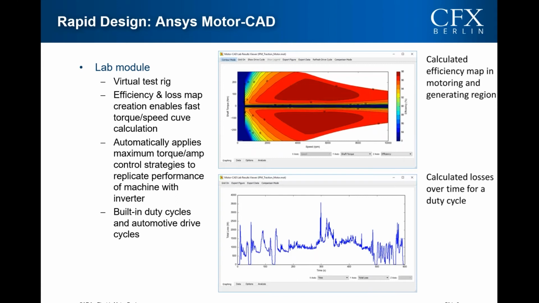And based on this map, you can plot peak torque speed curves as well as continuous operating torque speed curves. It automatically applies maximum torque amplitude control strategies to replicate the performance of a machine with inverter. A library of common duty and drive cycles can be used to optimize the design for maximum cycle efficiency.